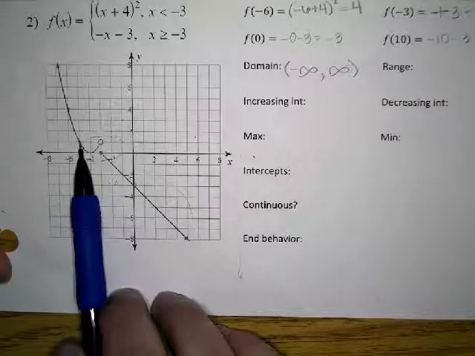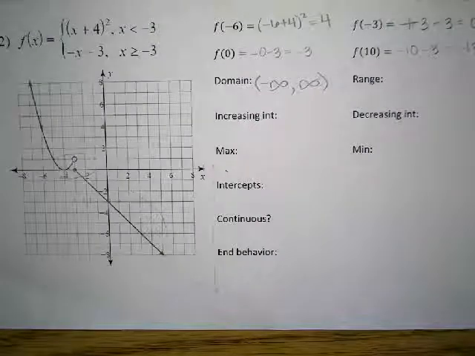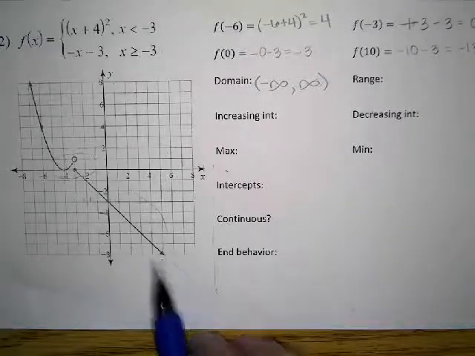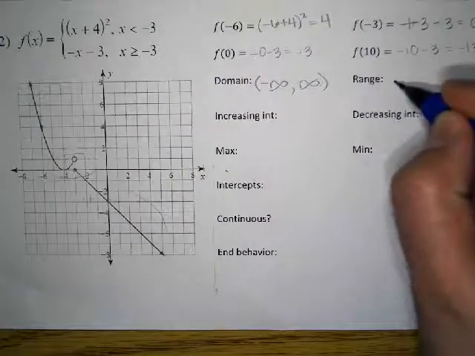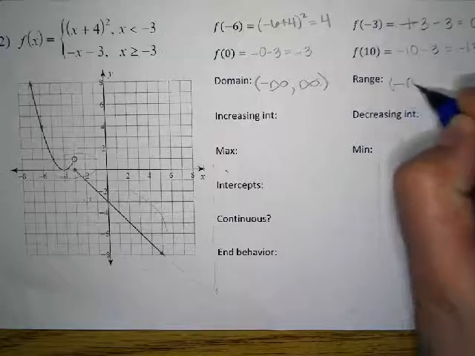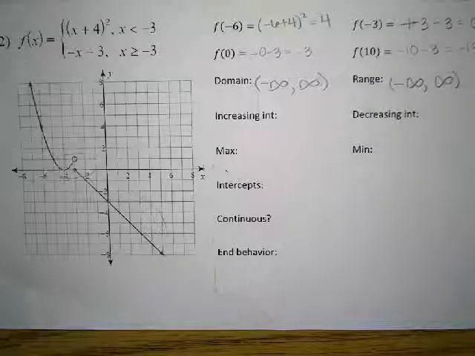Okay, so what should I say about the range? Wait, which one do I write first? Yeah, it goes down forever, up forever. I thought one was missing, but it ended up not being missing. It made me pause for a second, but it ended up being fine.